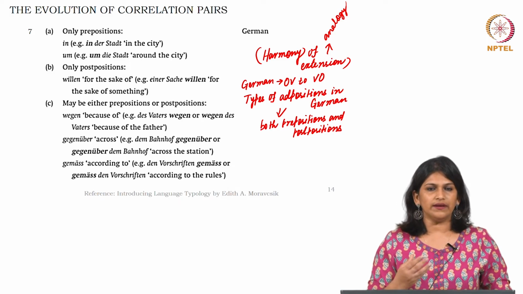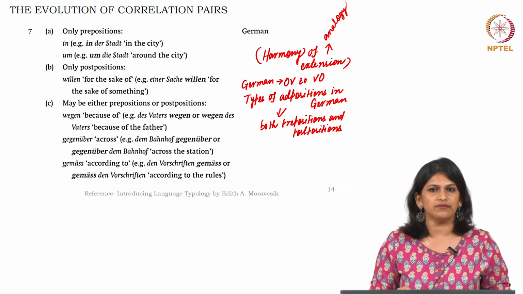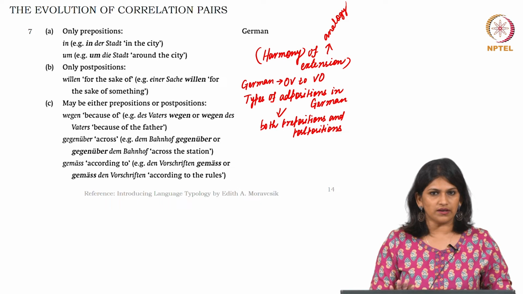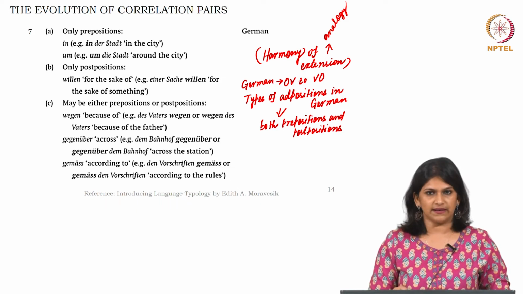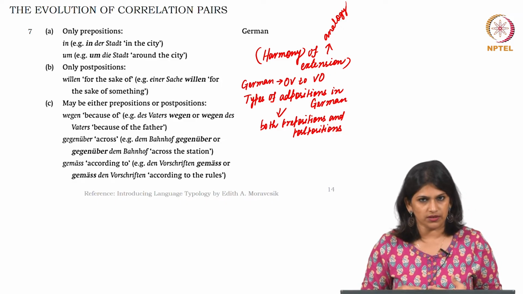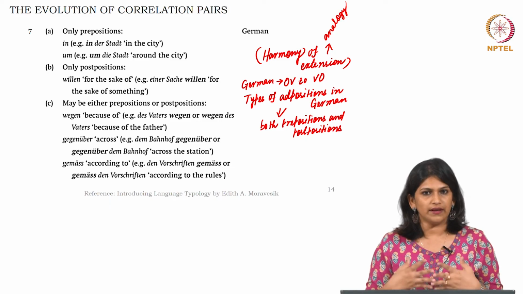For a phrase like wegen, which means because of, the prepositional use is normal, but the postpositional version occurs only in the literary style. That means in the spoken form it is generally prepositional, while in the written style it is mostly postposition.